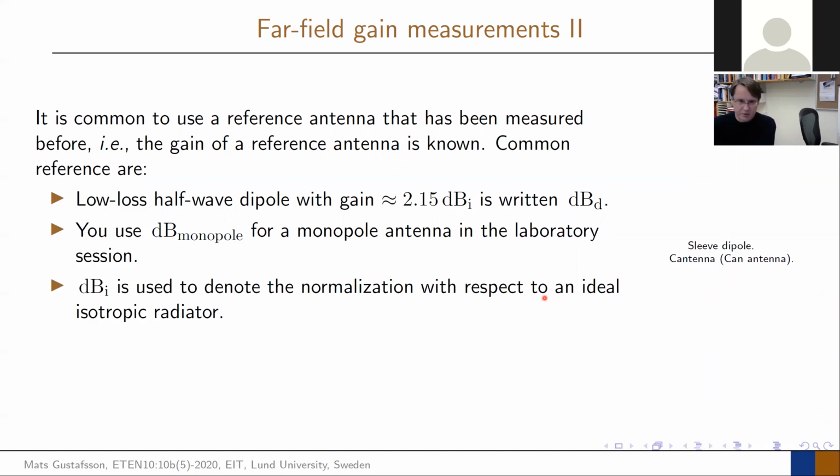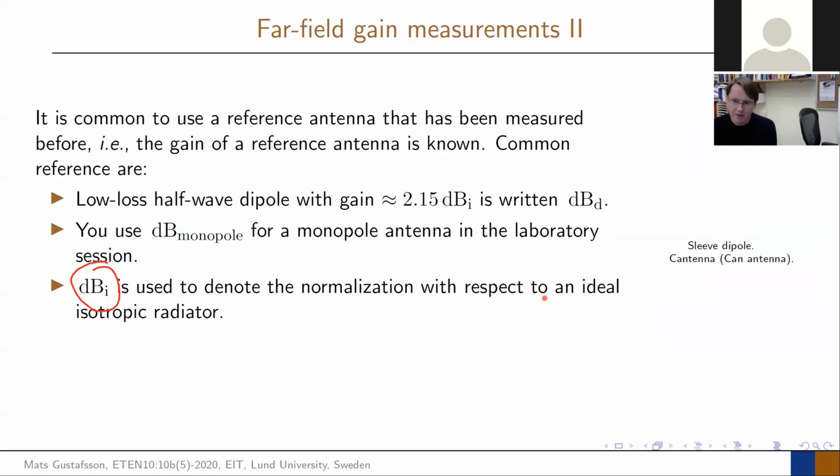And in many cases, when you look at the gain of an antenna, they actually give a unit that's called dBi. And dBi is the regular dB. So in many cases nowadays, it's not written out. Most of the time, I don't write dBi, I only write dB because it is the same thing.